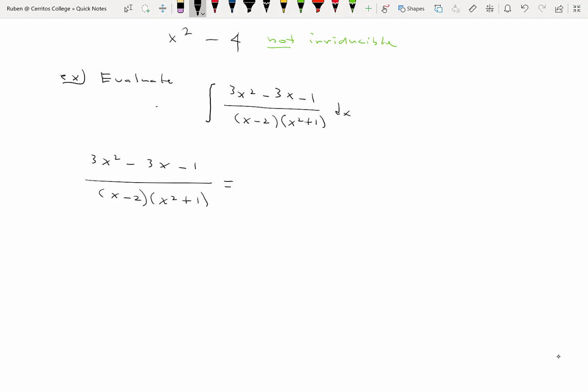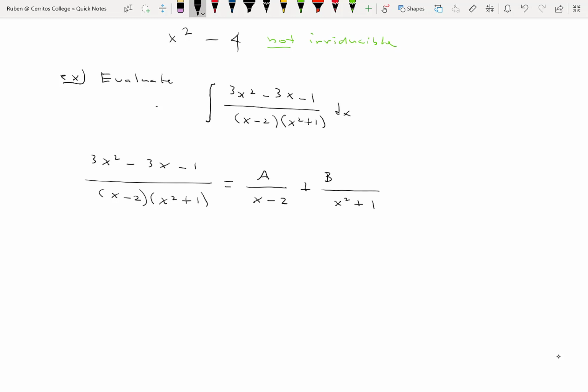We assume that the x minus 2 in the denominator corresponds to a fractional expression a over x minus 2. Now here's the difference. From the last cases, we do assume that we have a second fractional expression with x squared plus 1 in the denominator, but we don't assume that the numerator is a constant b.